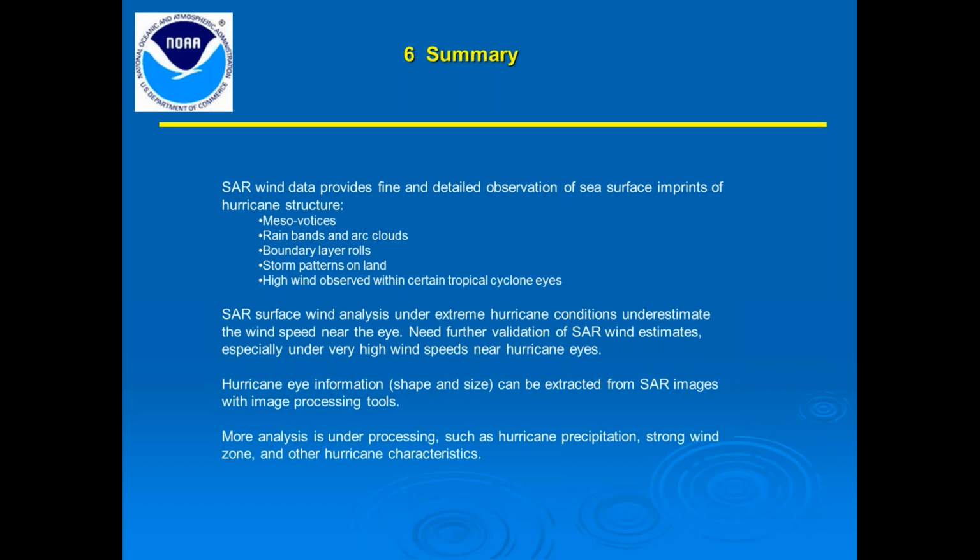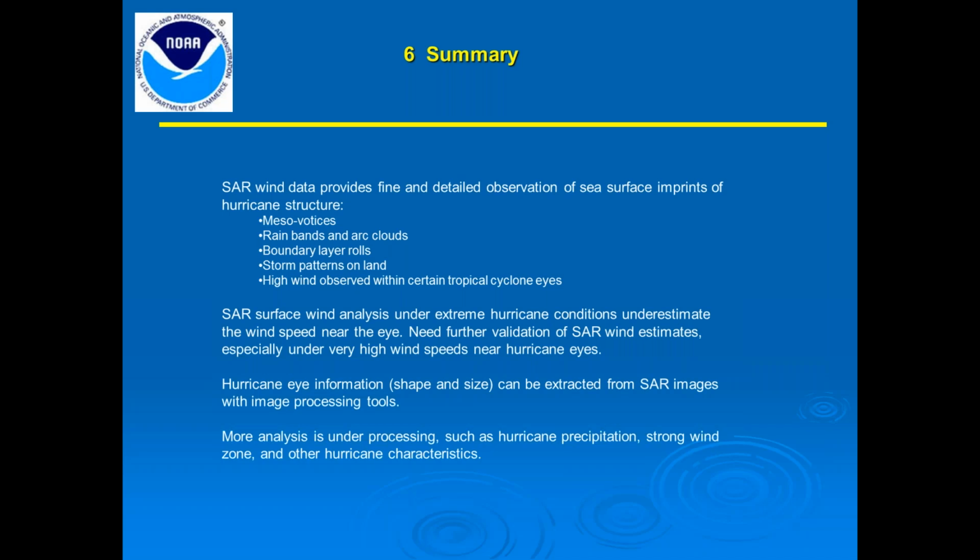So I think this is a summary of my talk. It's targeted on the synthetic aperture radar observation of hurricane systems. What I want to do is to show the capability of SAR, what SAR can do for forecasters.